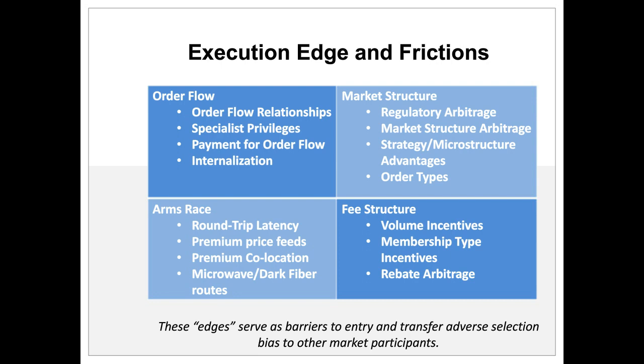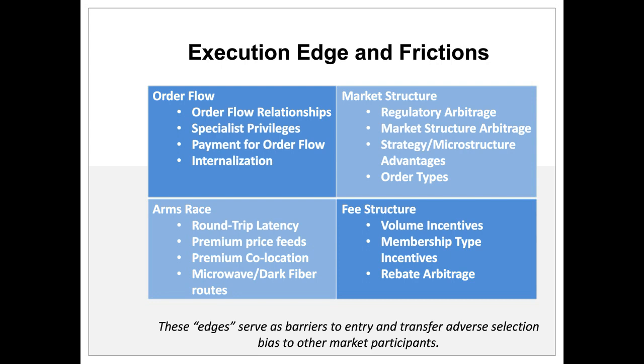With the exception of the arms race, which is an area where these barriers exist. But order flow relationships, fee structure, specialist rights, being able to approach trading regulations in a way that a trading firm can approach things with more liberal interpretation of regulations than a person at a bank would.